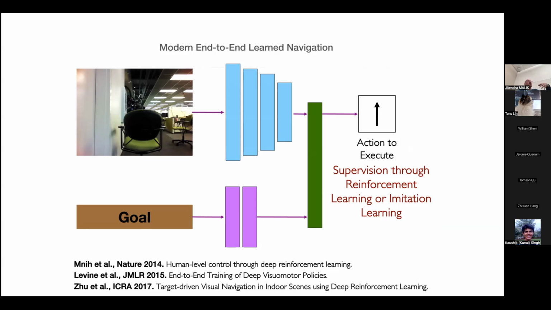In the simulator, what we did was we scanned in some houses or apartments or restaurants or whatever. So we have the 3D map. So in that environment, we can always find optimal paths from any point A to any point B. So now we have essentially the perfect form of supervision.